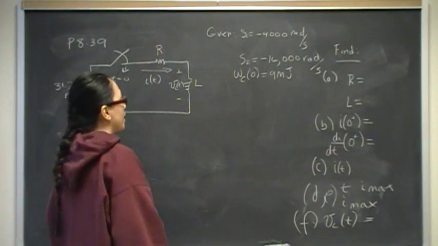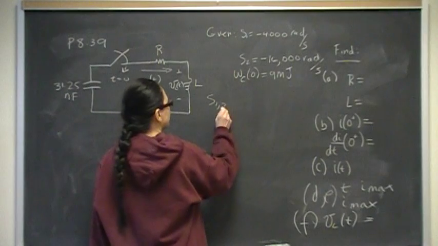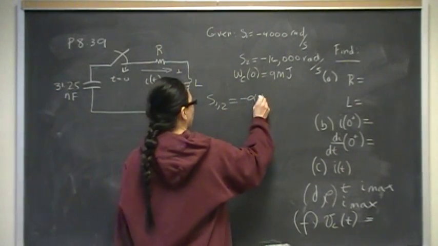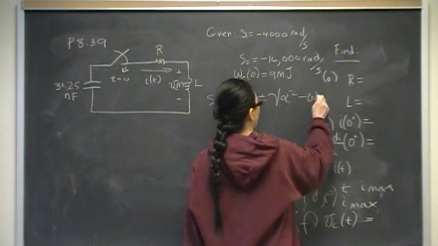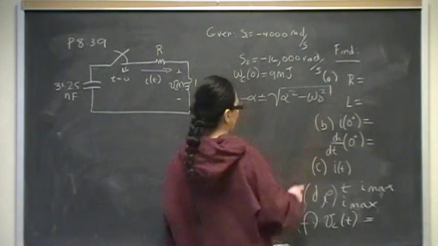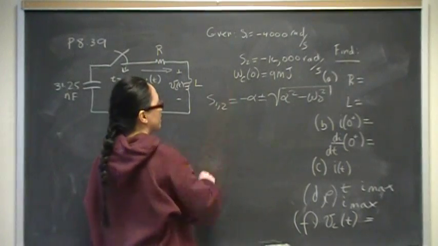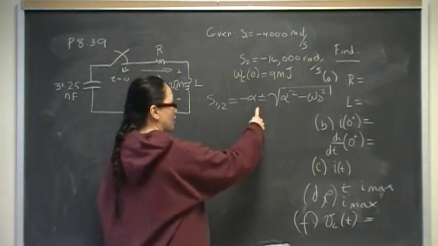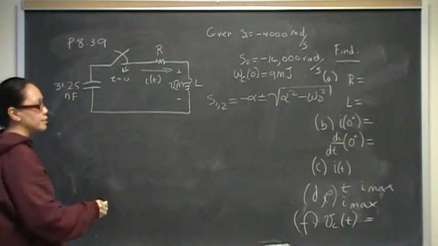So to find R and L, I just said, well, we know that S1,2 is equal to negative alpha plus or minus the square root of alpha squared minus omega naught squared. So knowing S1 and S2, we can construct two equations and we have two unknowns, so that's very solvable. We can find alpha and omega naught.